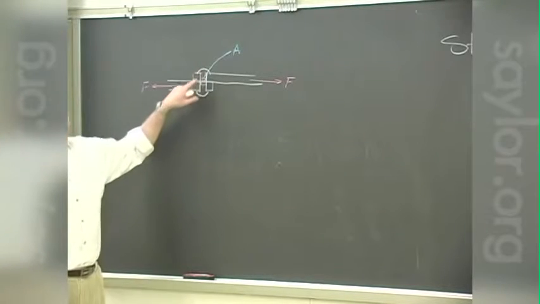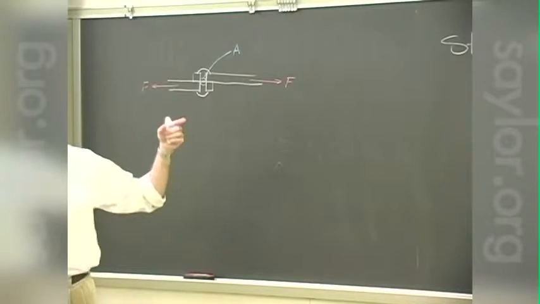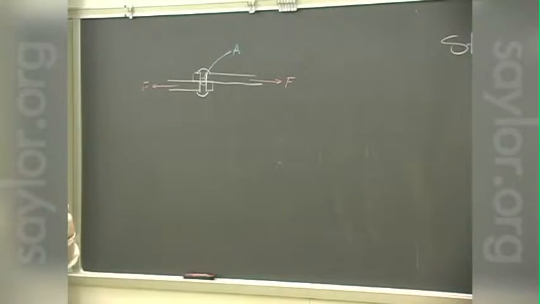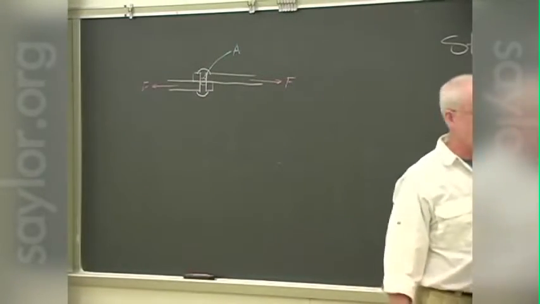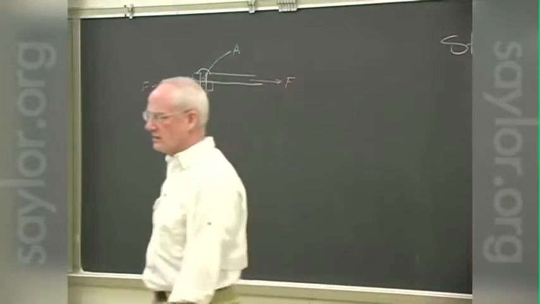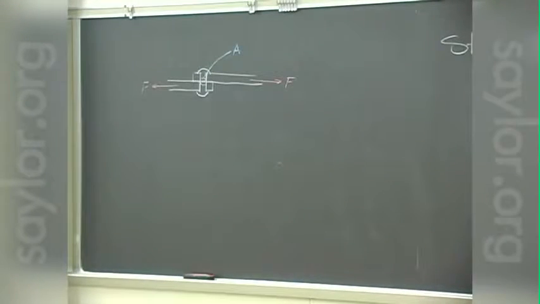As far as the pin itself is concerned, there's no difference between a piece being in compression and a piece being in tension attached to it. The pin itself still needs to resist that internal shear, no matter what loads the piece is undergoing.